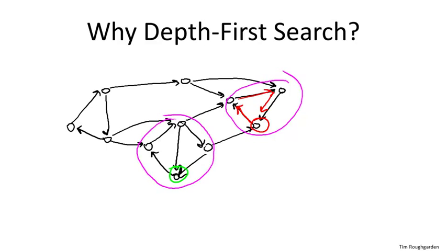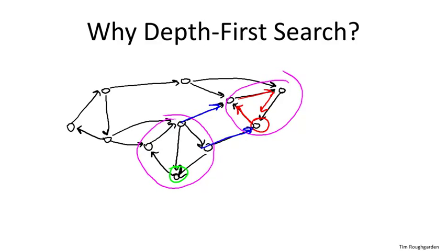On the other hand, if we start from this green node, since there are arcs that go from this bottommost SCC to the rightmost SCC, not only will this DFS call find the four nodes in the green node's strong component, but it'll also traverse these blue arcs and discover the three nodes in the red triangle.